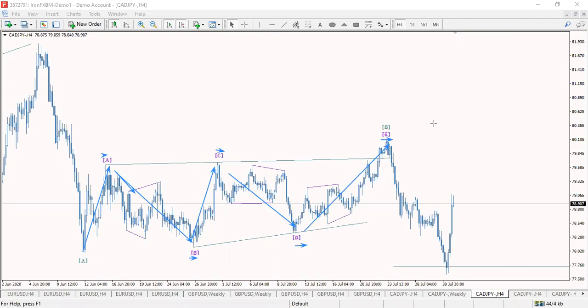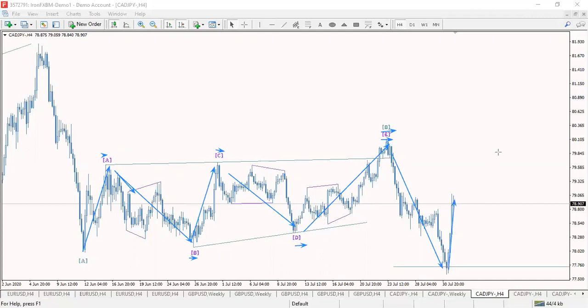But as we reviewed, as we were doing our analysis this weekend, we saw that this whole thing right here is a triangle. That means this is an A, B, C, D, and an E with an overshoot E wave. So we've got this whole move right here. The market has bounced sharply.